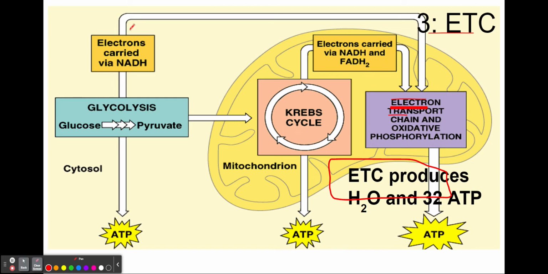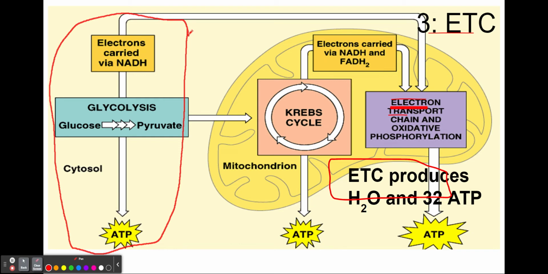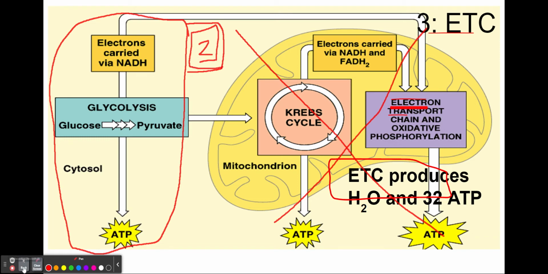So what you can tell with this is that glycolysis, which is the only anaerobic step, only produces 2 ATP, meaning in the lack of oxygen, you cannot undergo these two steps. So in anaerobic cellular respiration, you can only undergo glycolysis, so you would only have 2 ATP produced.